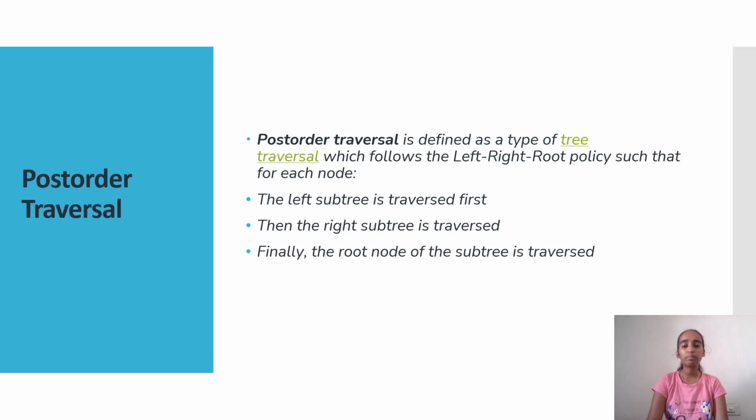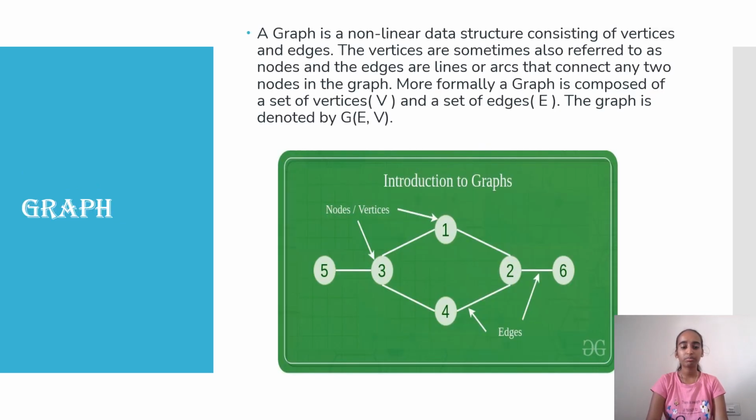Post-order traversal is defined as the type of tree traversal which follows the left, right, and root policy, such that the left subtree is traversed first, then the right subtree is traversed, finally the root node of the subtree is traversed. Let us move on to graph. What is a graph?